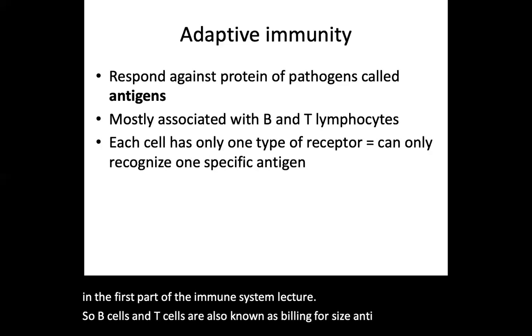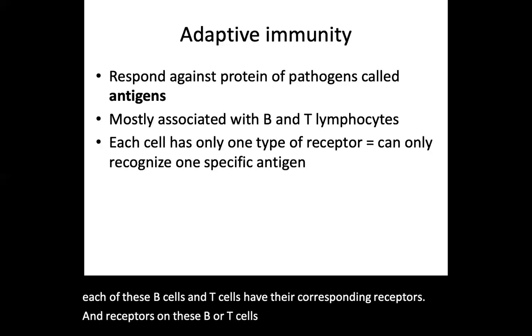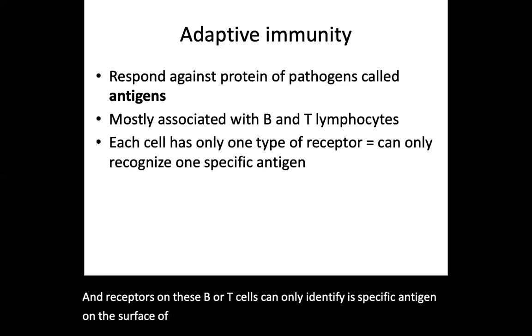Each of these B cells and T cells has corresponding receptors, and the receptors on these B or T cells can only identify a specific antigen on the surface of the pathogen. Hence the word specific recognition gives adaptive immunity its name, specific immunity.